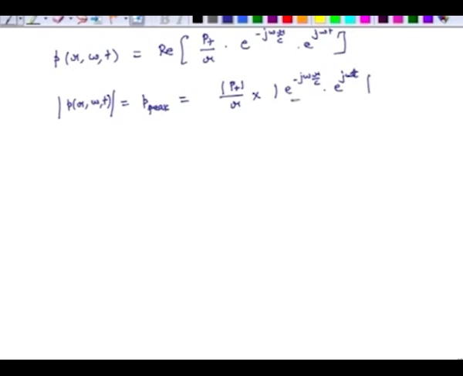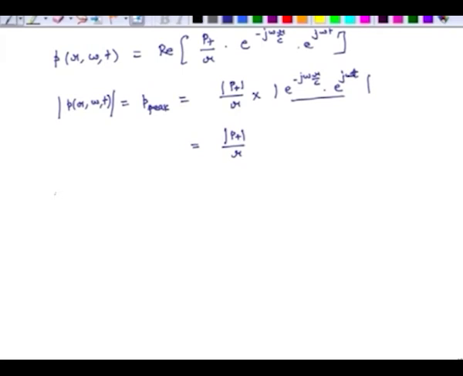The magnitude of this entire term is 1. So, this is nothing but P plus over r, but I do not know the value of P plus. So, first I have to find the value of P plus.